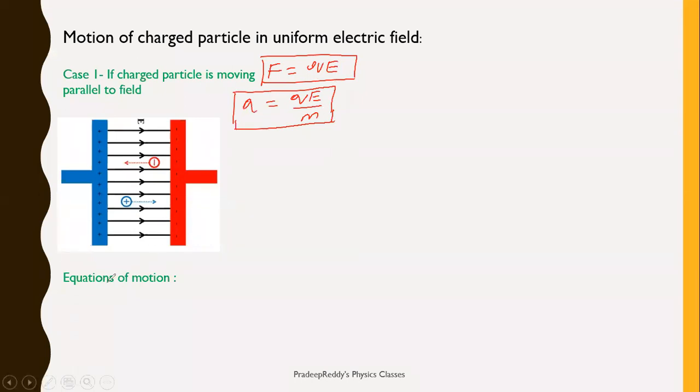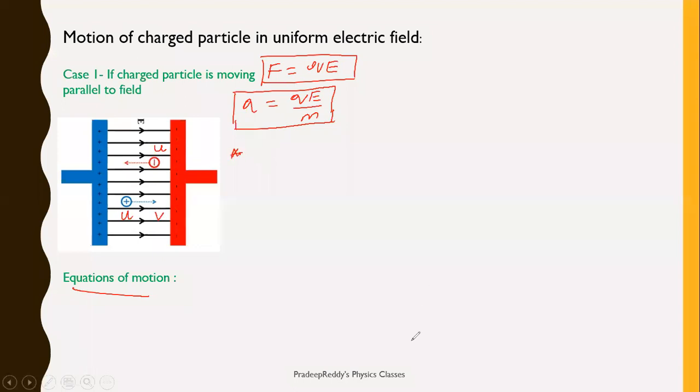Now let us write down equations of motion for this charged particle. For example, if this charged particle is starting at this position, it has some initial velocity u. When you are placing it, say we are dealing with positive, it will be having initial velocity u. Because of acceleration, this charged body gains velocity. Finally, its velocity will be v.